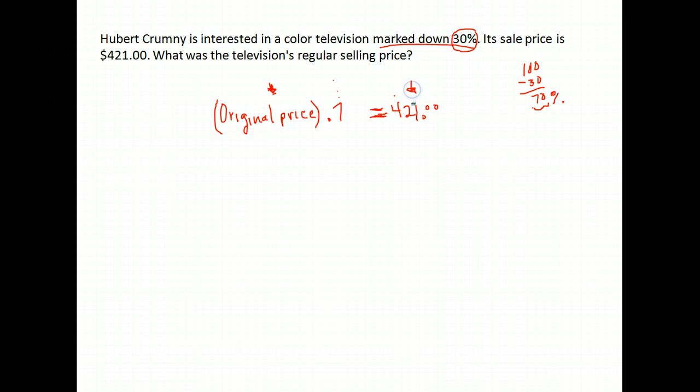We do know the sale price. So to solve this, we have the original price times 0.7. We do the opposite and divide both sides by 0.7. And that leaves me with just my original price. And it looks like the original price was $601.43.